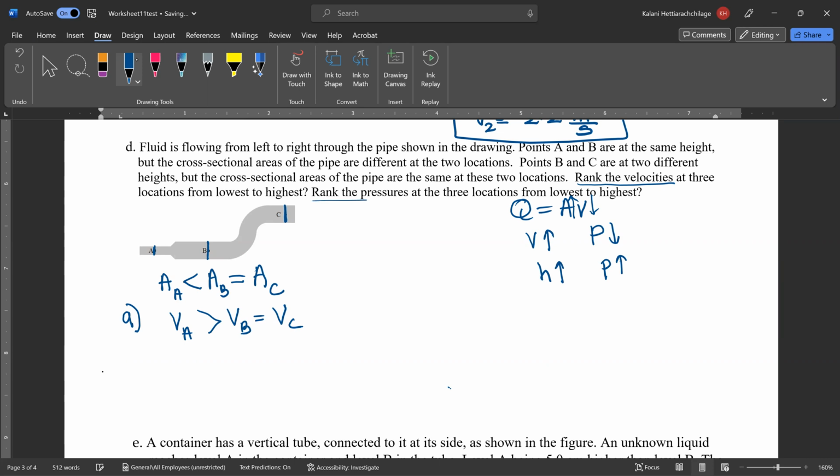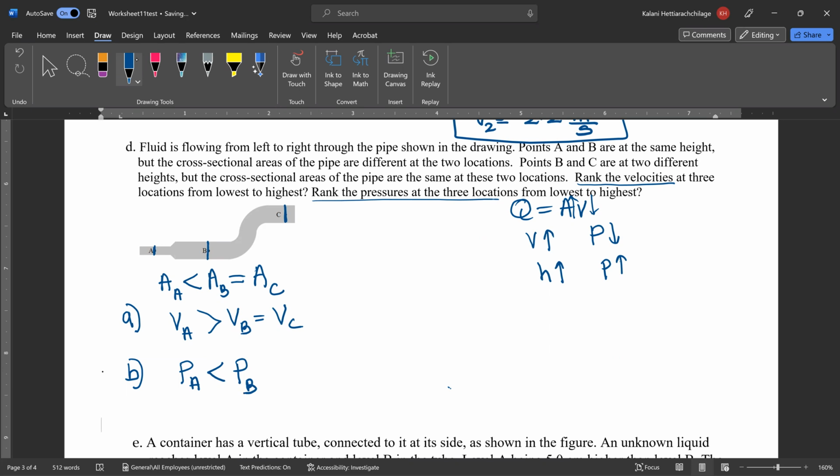Now, rank the pressure of three locations. That will be the next one. A, B, pressure. Now, what we know, when the velocity is greater, pressure will be lower. Then, since A and B are in the same horizontal line, I know that pressure at A is smaller than pressure at B from the Bernoulli principle.